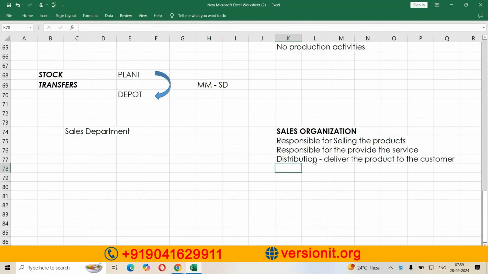Sales org will be responsible for selling, for providing service, and for the distribution process as well. So the sales org plays a very important role in a business. If a company needs to sell any product, we require a sales organization. An SD consultant is going to be responsible for mapping the sales organization of a business.